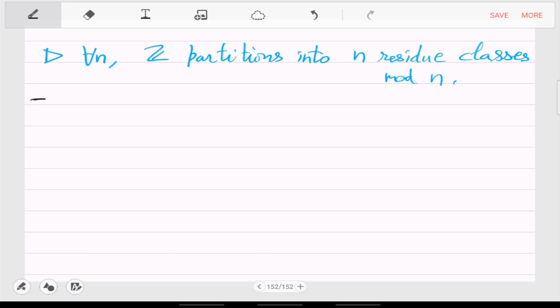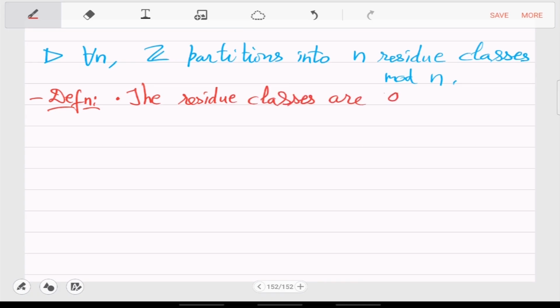In fact, we'll define it, they are 0, 1, to n minus 1, and we call it Z mod n.